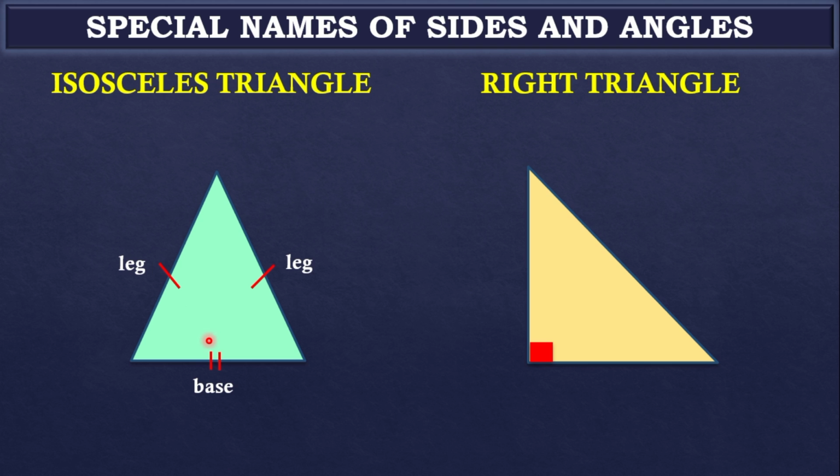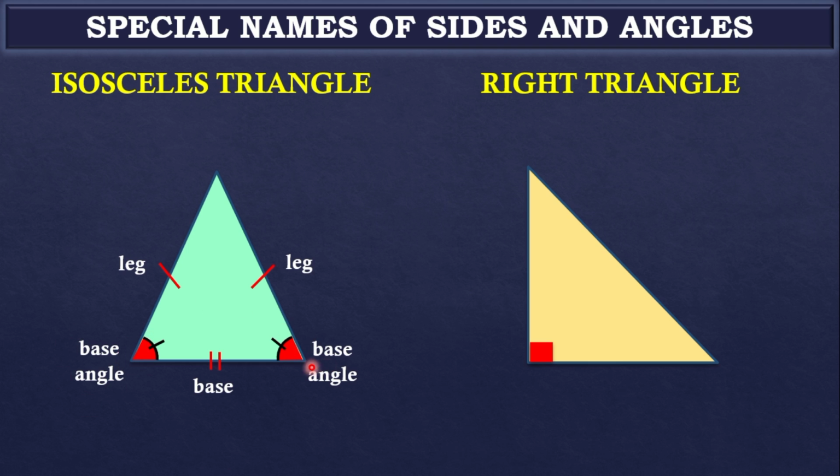Now, the angles that contain your base are what we call the base angles. So, itong angle na to na kung saan it contains your base. So, yung mga angles na nakadikit dun sa base mo, ito po yung tinatawag nating base angle.